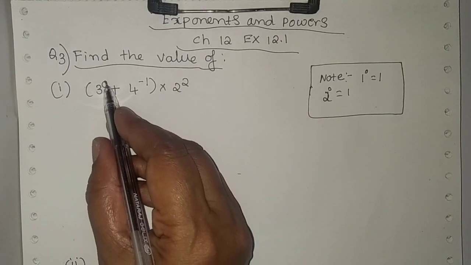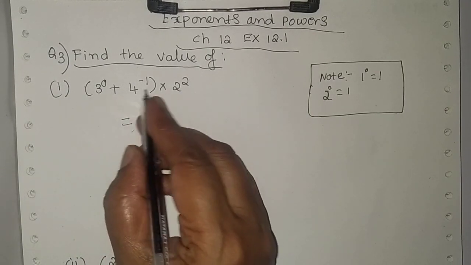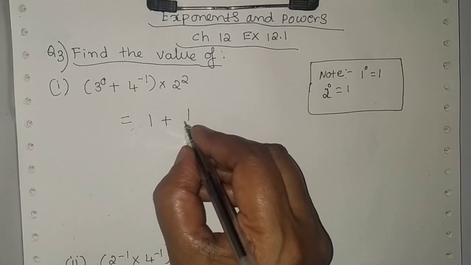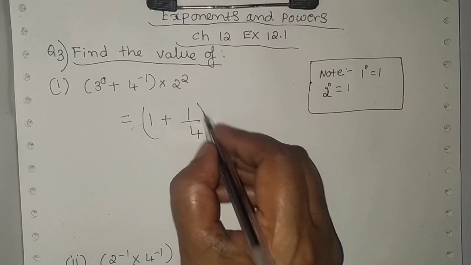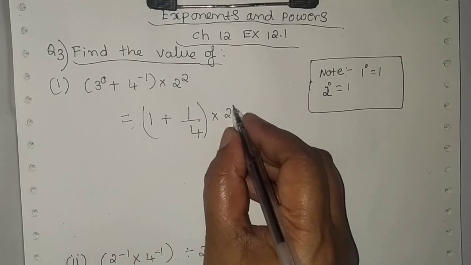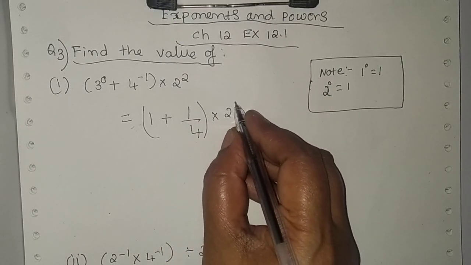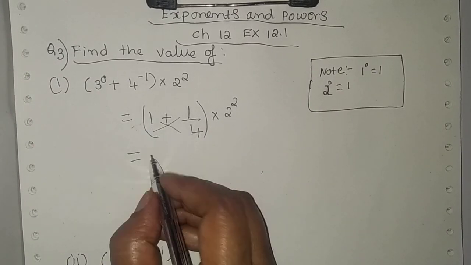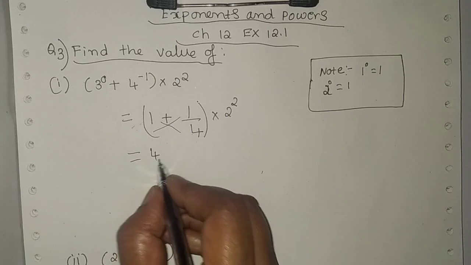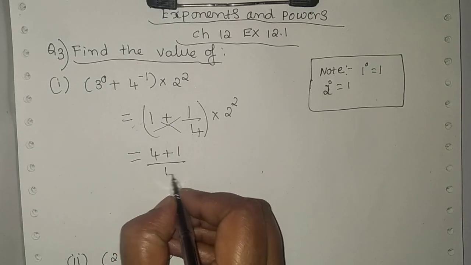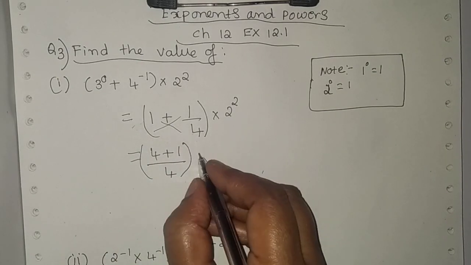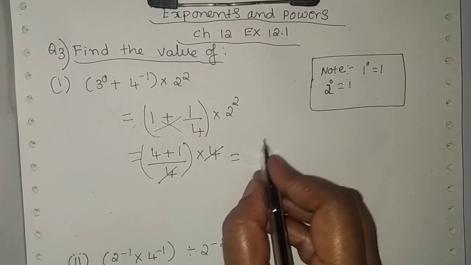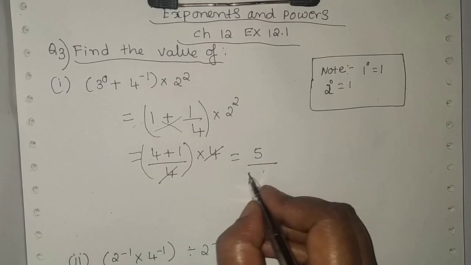Therefore 3 power 0 will be 1 plus 4 power minus 1 can be written as 1 by 4. So close the bracket, into 2 square can be written as 4. So now we will cross multiply this. 1 into 4, 4, plus 1 by 4 into 2 square is 4. 4 and 4 cancel. 4 plus 1 is 5, the result.